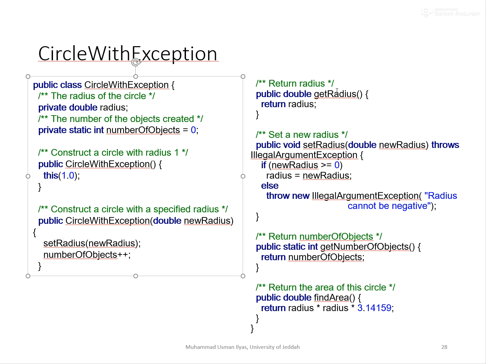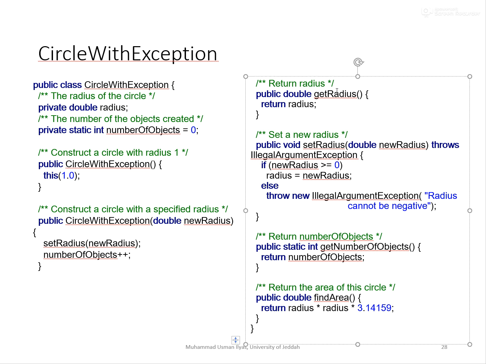Other than that, we have a getRadius accessor method, a getNumberOfObjects accessor method, and a findArea method. Since we have the radius, we want the class to do something. We're computing the area of that circle.